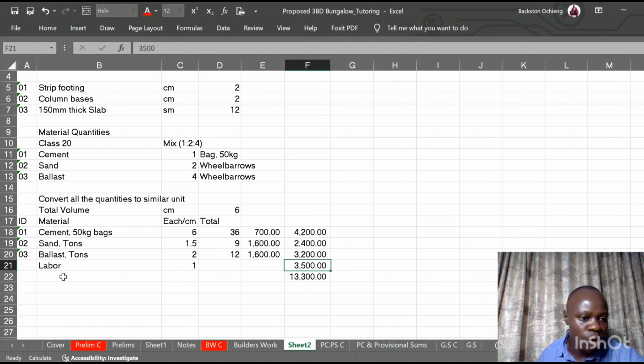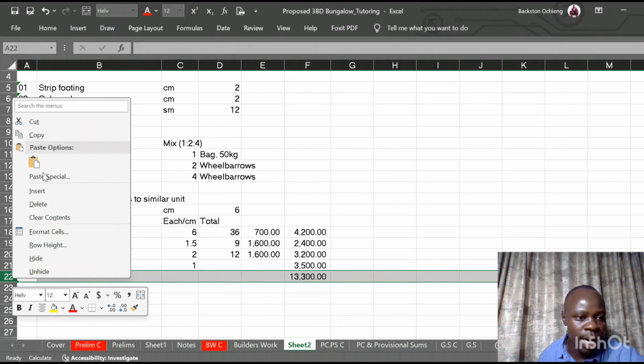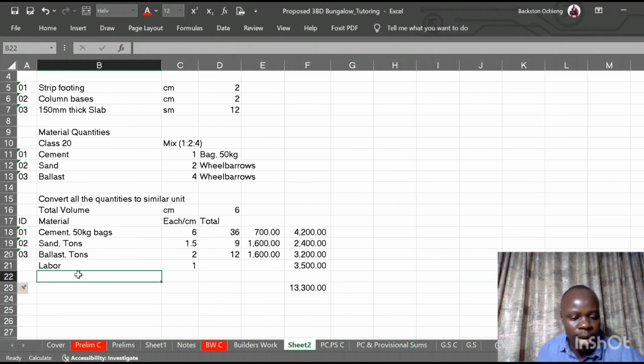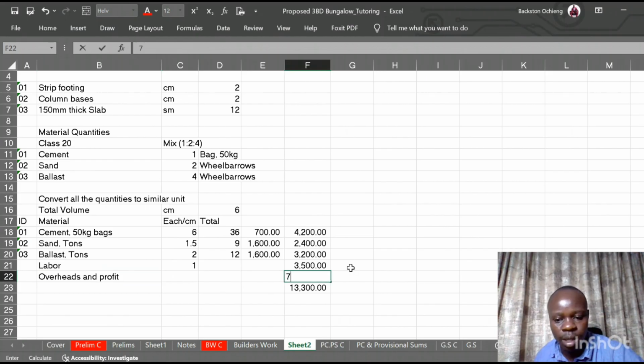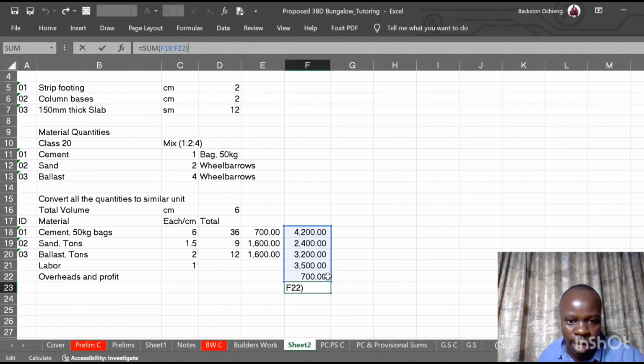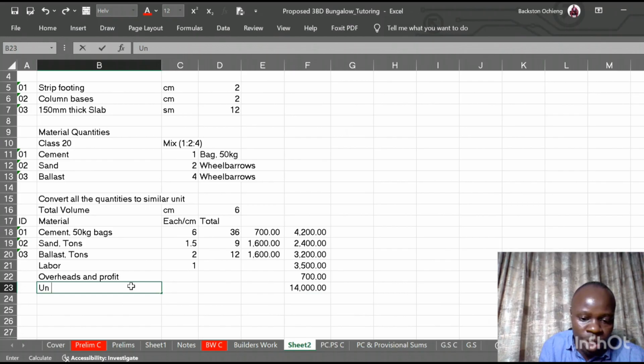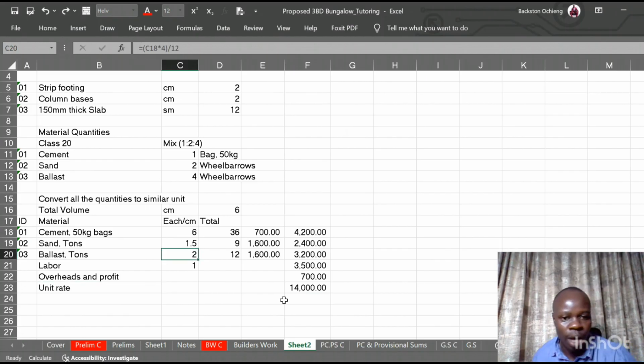And of course, you don't forget to add some overheads and profit. Say 700 shillings for every cubic meter. Then you add that, you get around 14,000 as a unit rate for concrete.